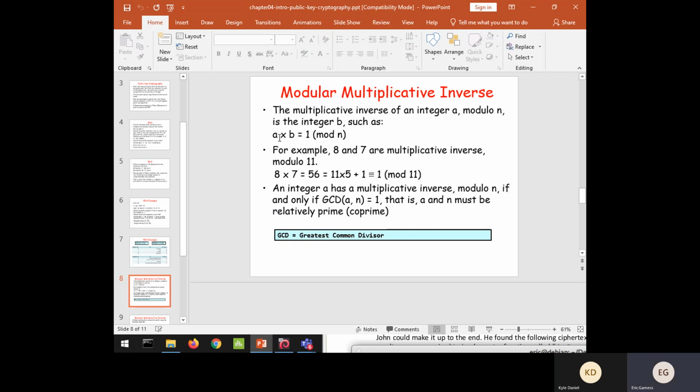So they are called inverse to each other, modulus n. For example, 8 and 7 are inverse to each other, modulus 11. Let's verify that. What is 8 times 7? 56. And 56 is 11 times 5 plus 1. So if you take 56 modulus 11, it will be 1.